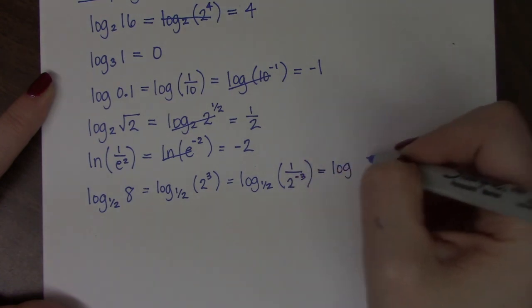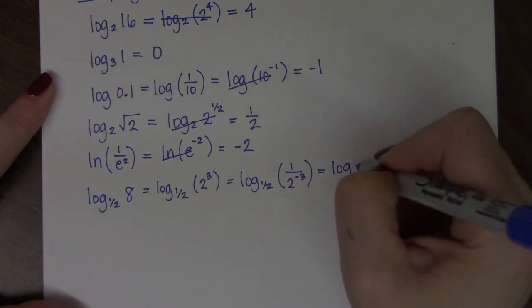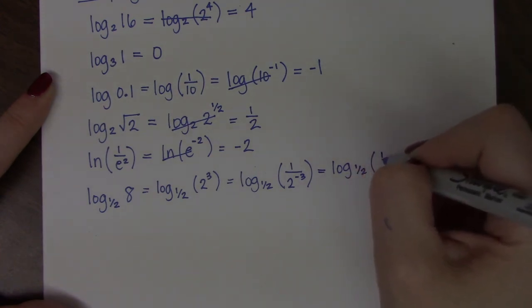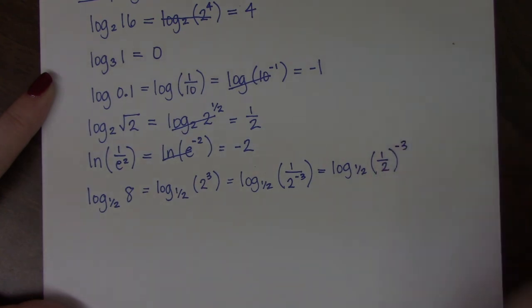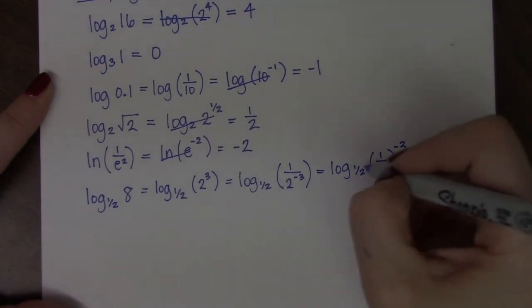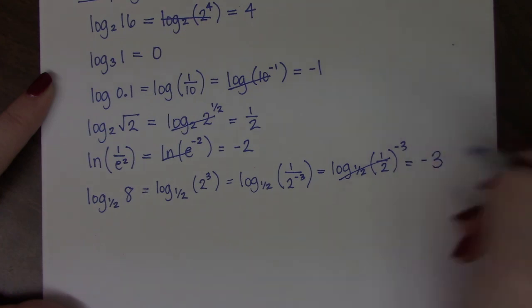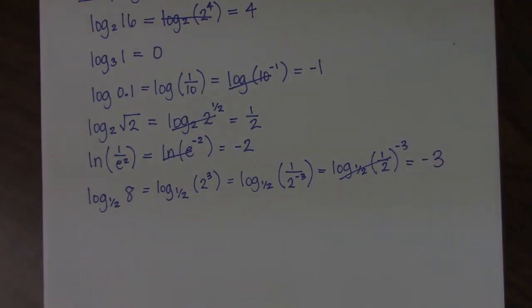So this is log base 1/2. Because 1 raised to anything is itself, I can actually move the negative 3 on the outside. So now log base 1/2 cancels 1/2, and this simplifies to negative 3.